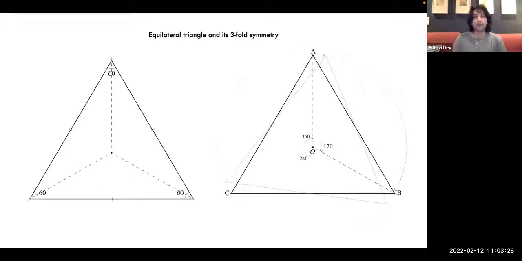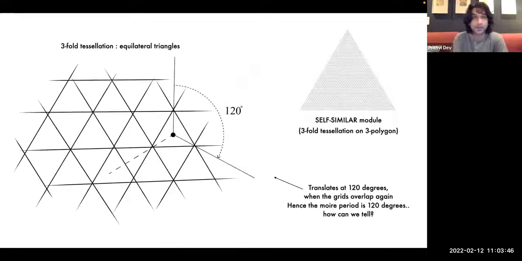Okay, so I'm just going to start with the equilateral triangle and its threefold symmetry. If you rotate an equilateral triangle 3 times in 360 degrees, it translates onto itself, and that's what it means by an equilateral triangle having threefold symmetry. Interestingly, a threefold tessellation made of equilateral triangles also, when rotated 3 times around at 120 degrees, translates.